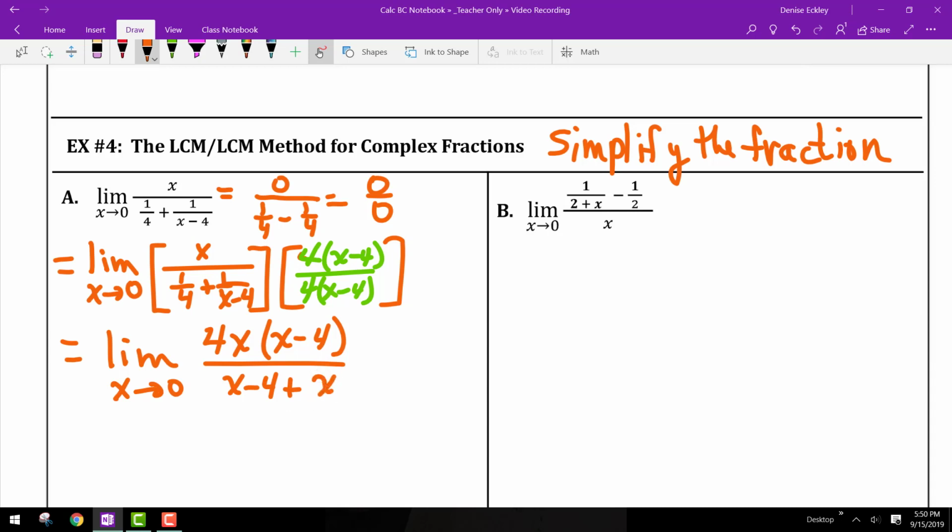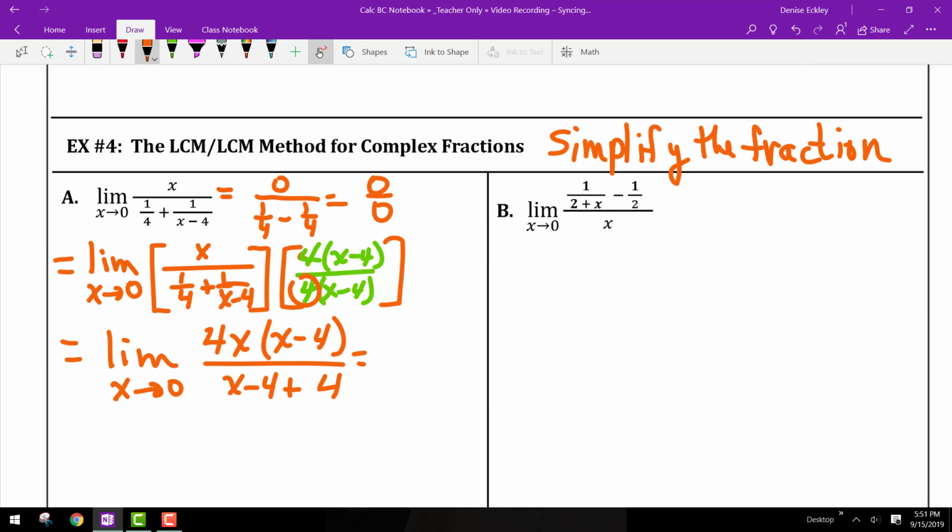So simplifying, we get... oh, sorry. That's not an x, it's a 4. That's why it wasn't working out. This should be a 4. I was putting an x there by mistake.